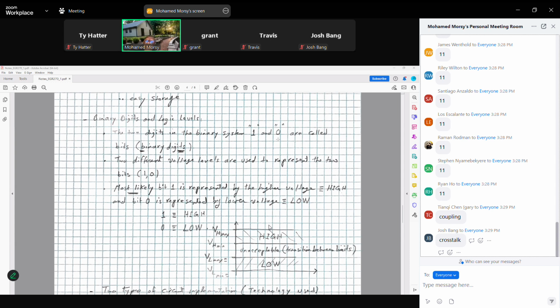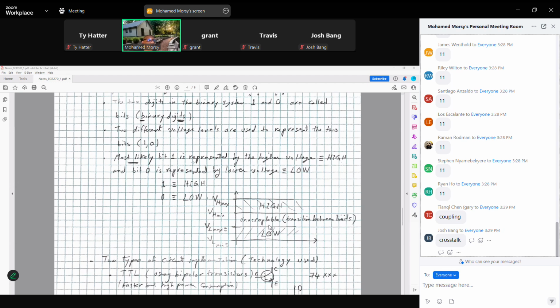It can be 0 or like 0.3 volt, 0.2 volt, something like this. It depends on the design. So bit 1 or bit 0 actually represents logic high or logic low, and these are voltage levels. Two different voltage levels are used to represent the two bits 1 and 0.